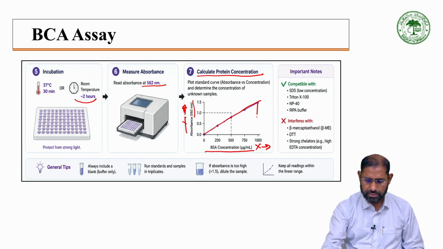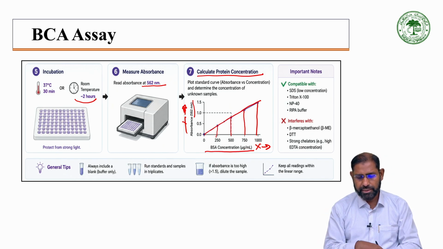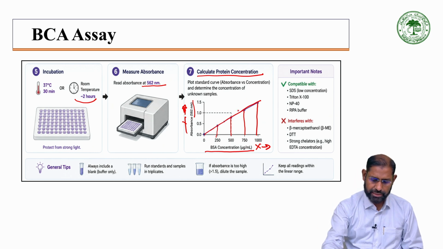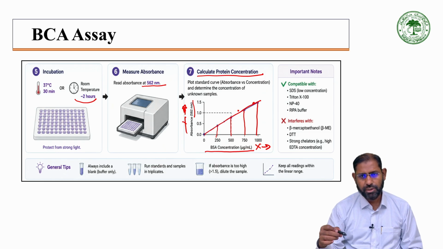This is 1000, this is 175 and 500, and this is 200. So this is the standard graph we got, and then finally we have the samples. We can have samples something like here or here. On this basis, we can calculate the concentration of protein in the samples.